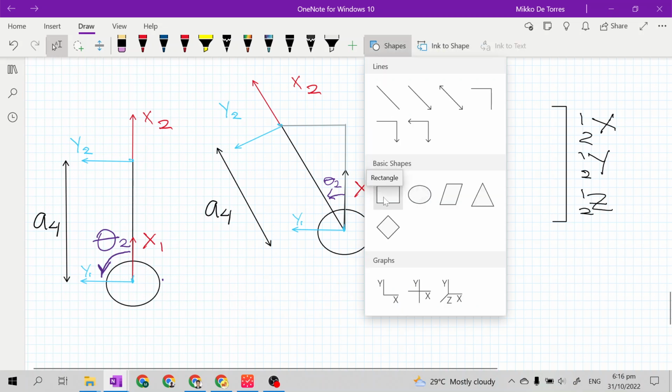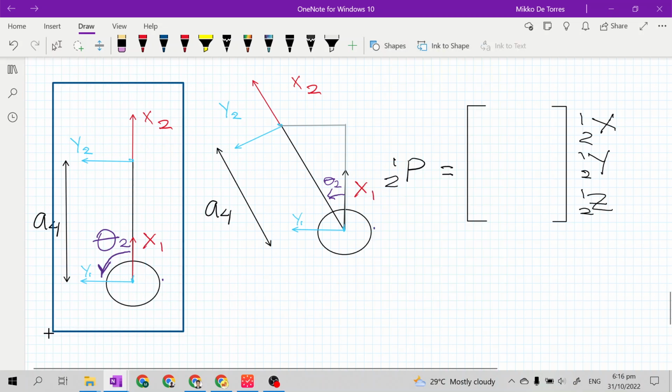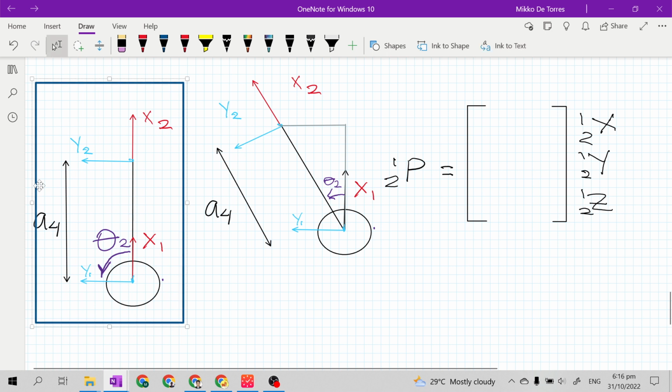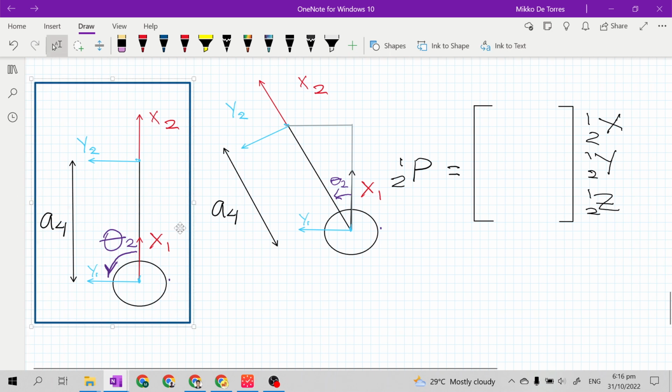This is the drawing at top view. Only present is the link length a sub 4, the axis x sub 1, the axis y sub 1, the axis x sub 2, and the axis y sub 2, and theta 2 with the second joint.